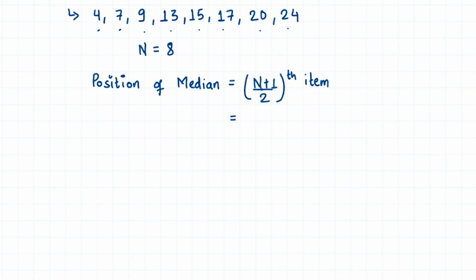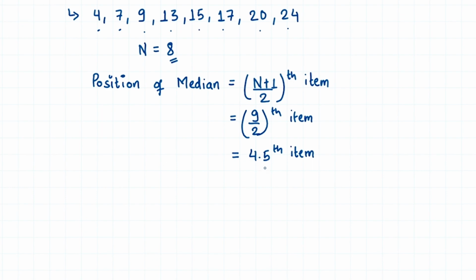Now, our number of items is 8, right? So 8 plus 1 is going to be 9 divided by 2, th item. This is going to give our answer in points, okay? So this is going to be 4.5th item.